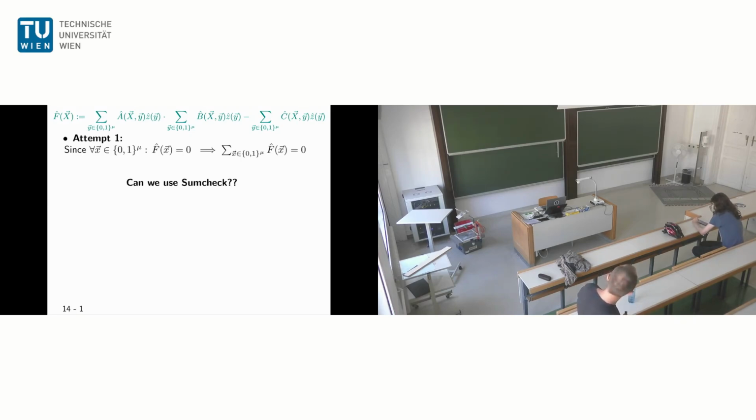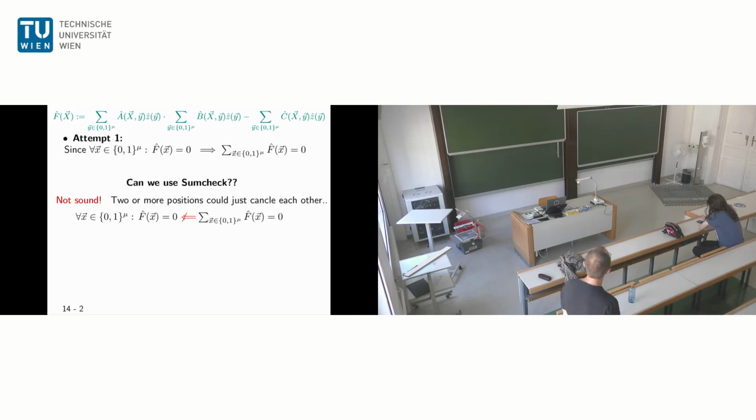And this suspiciously looks like our Sumcheck case, right? Now we have a summation over the hypercube of some polynomial. Couldn't we now use Sumcheck to let the prover convince us that he computed this thing? Maybe we get the SNARK from that.